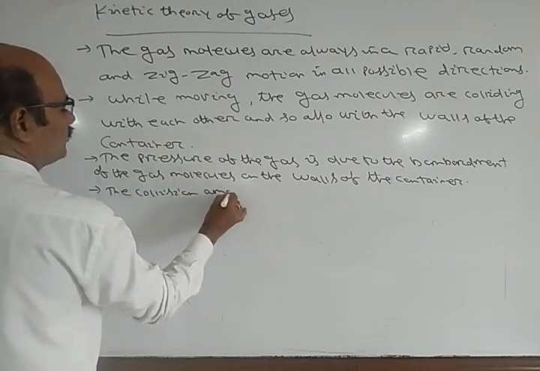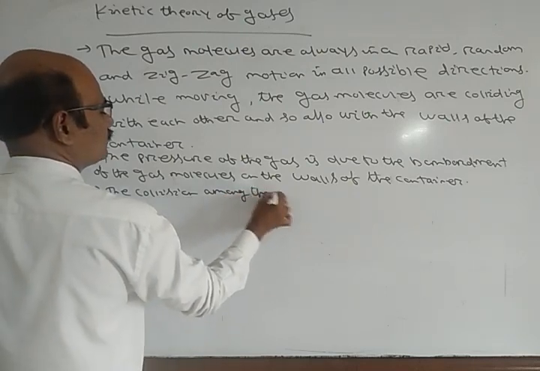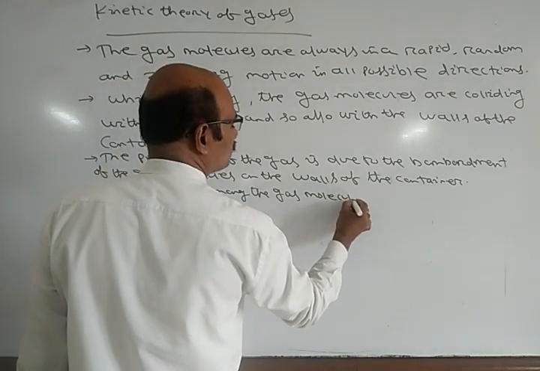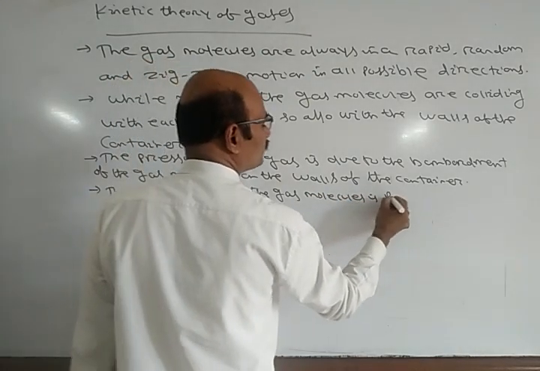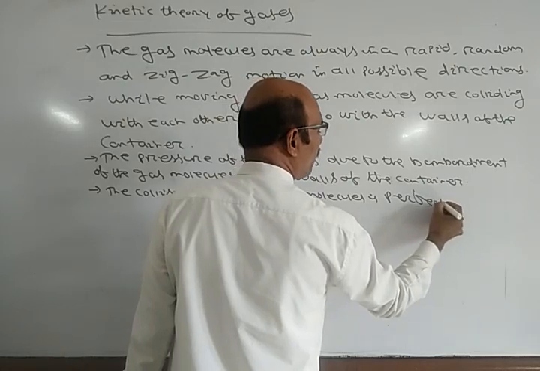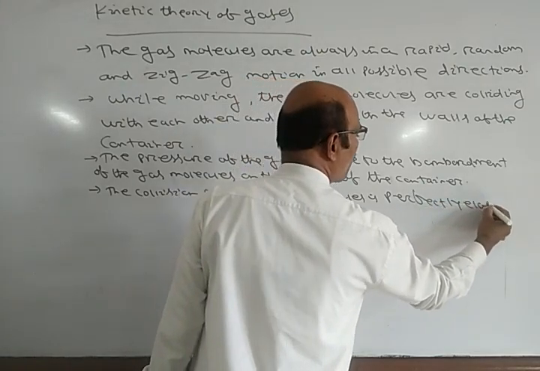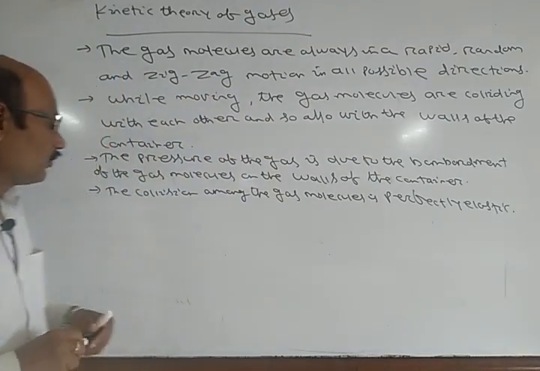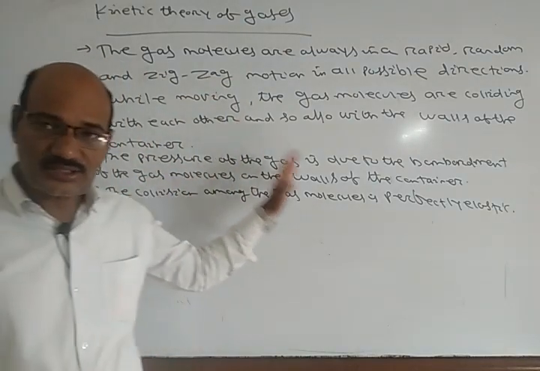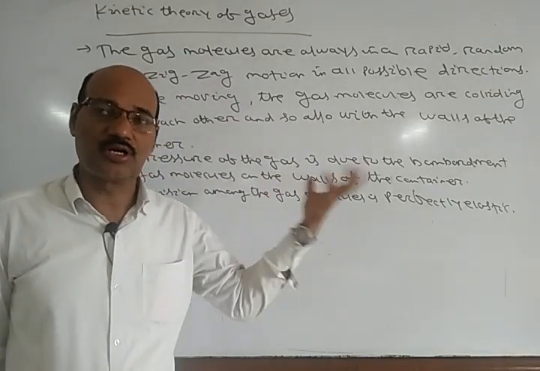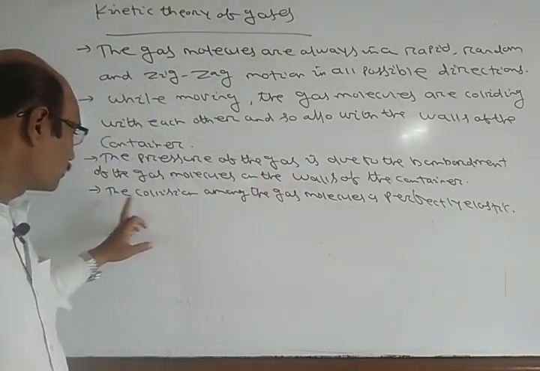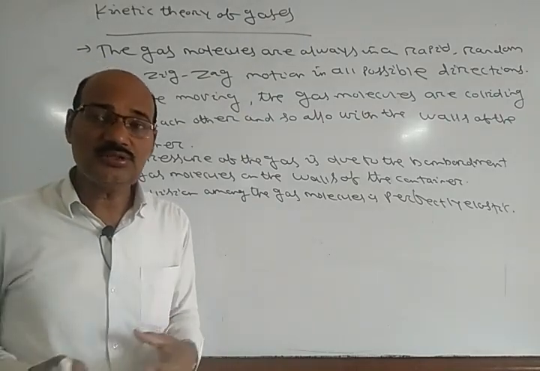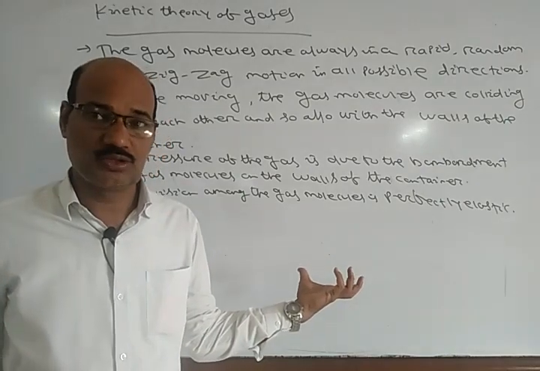The collision among the gas molecules is perfectly elastic. So, when the molecules strike the walls they create the pressure, P equals F by A, and the collision among the gas molecules is perfectly elastic. That means the molecules come back again to their main position.